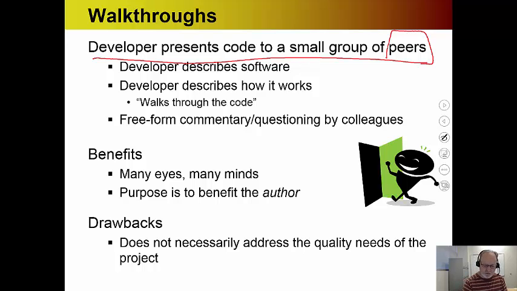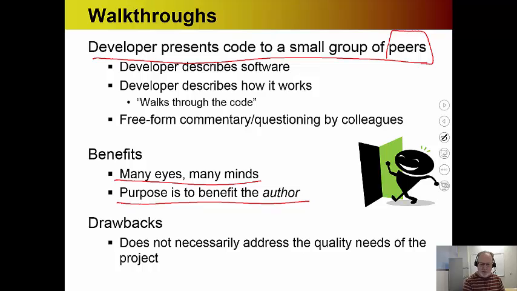All right. So one of the things it says about this is the purpose is to benefit the author. Yes, you're going to find defects. There's going to be a quality benefit to the team and the code, but in a sense, you're using this collective behavior, many eyes, many minds, in order to teach the author. The writer of the code should walk out and say, there's things I need to improve upon. I didn't do this, I didn't do that, maybe I didn't look at the design.